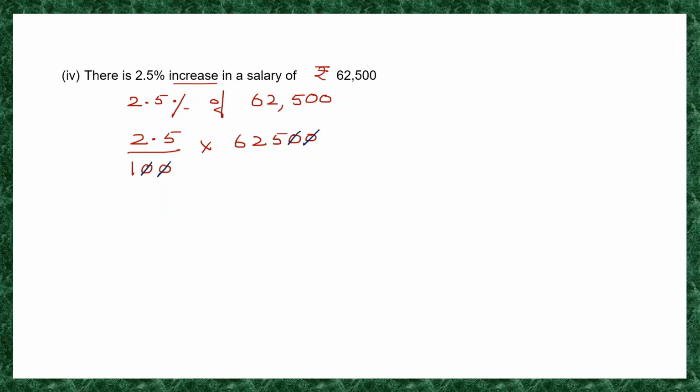Now I have 2.5 into 625. So let's multiply. The question is 2.5 into 625. Multiplication of decimals, ignore the decimal point. So 625 into 25. 5 5s are 25, carry 2, 5 2s are 10, 11, 12, carry 1, 5 6s are 30 plus 1, 31.